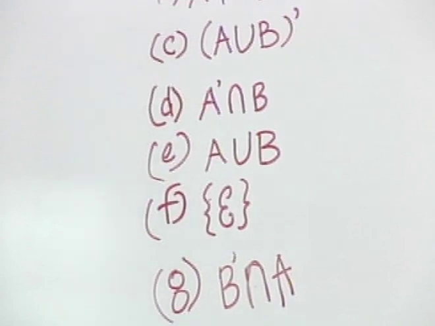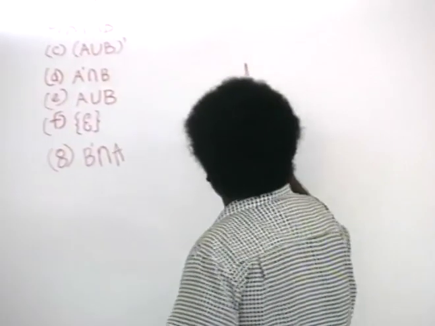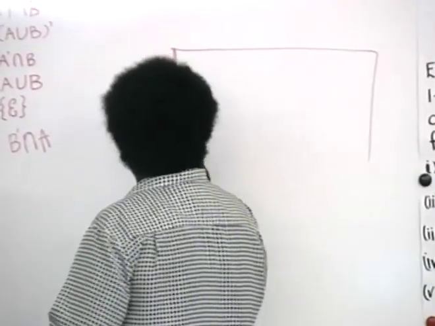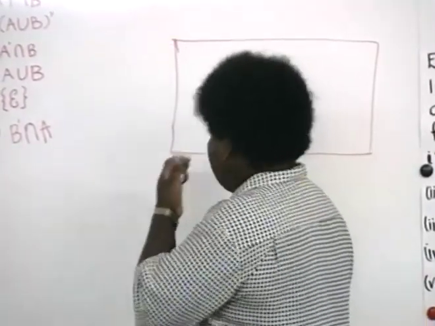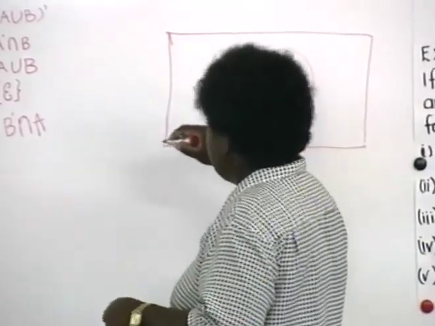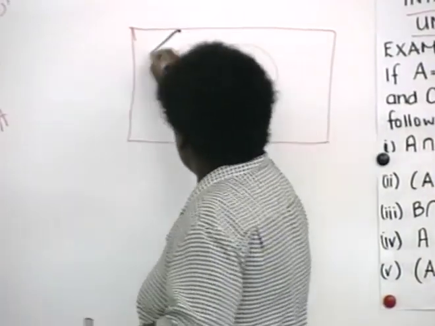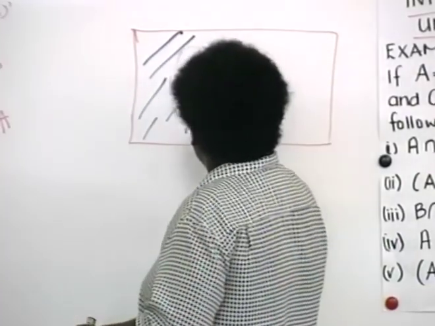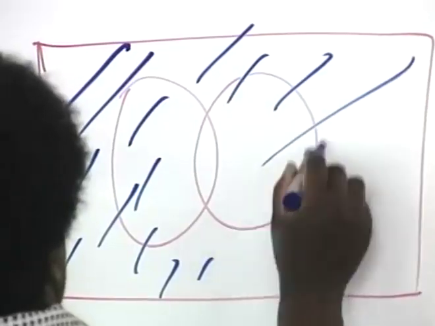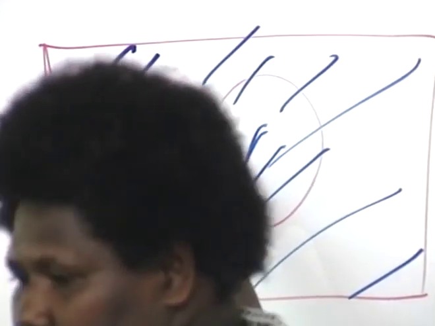Okay, letter E, just note letter F is supposed to have all of this shaded except this part, which is not shaded.